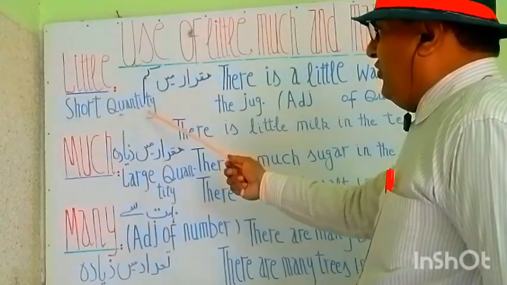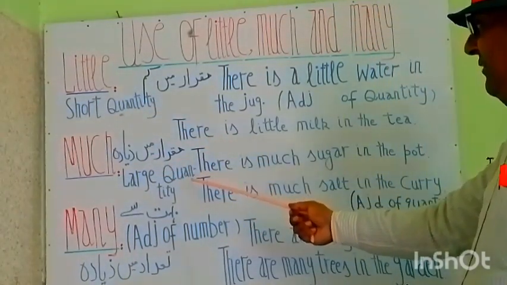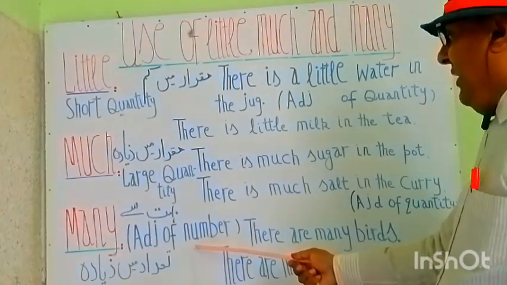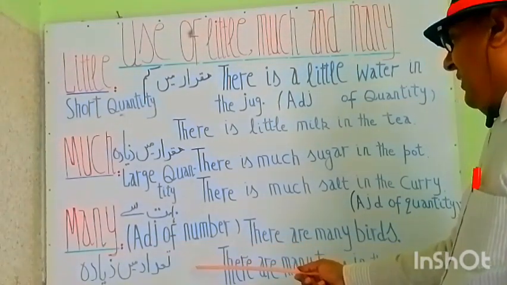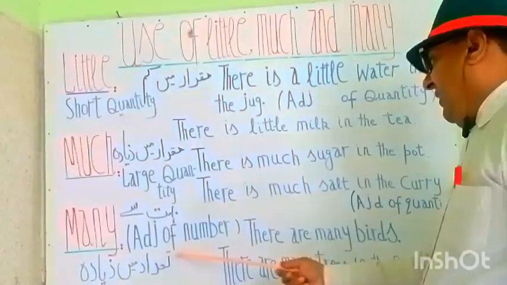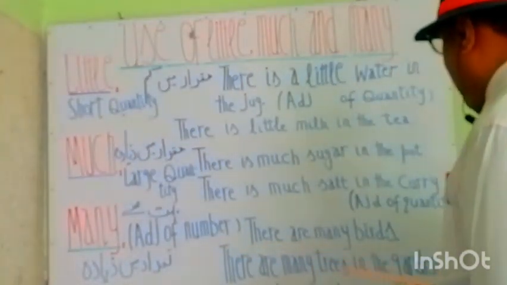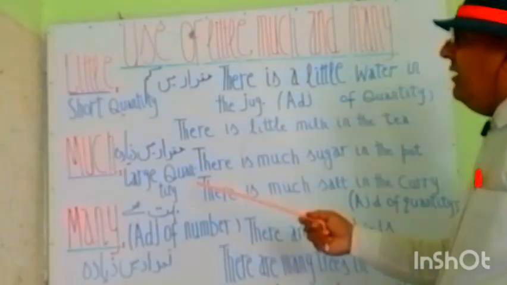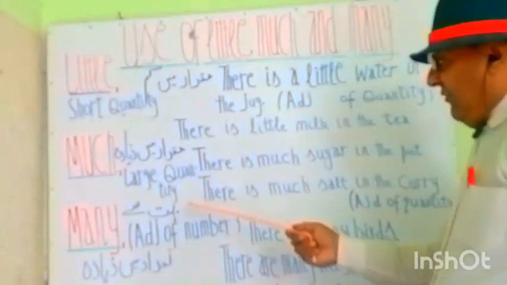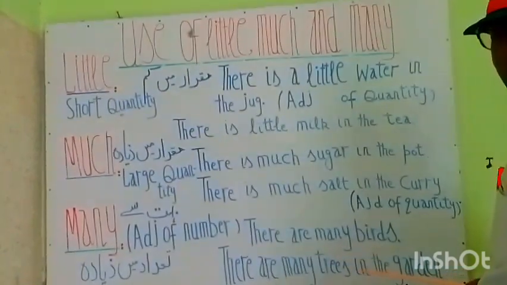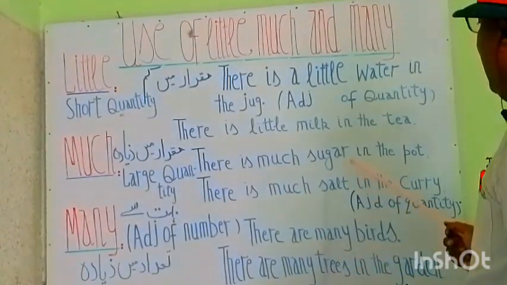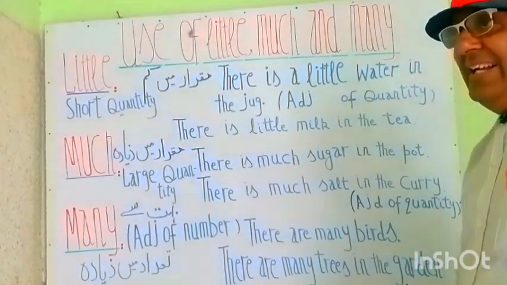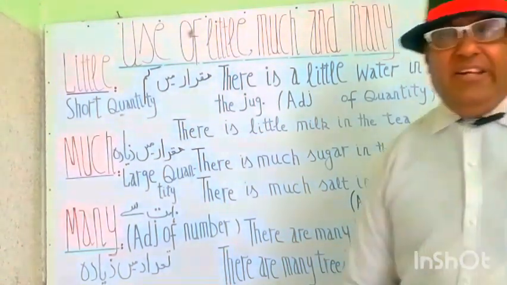A big number, you can say तादाद में ज़्यादा. So we have set the examples for these three adjectives, and we have made a practice with this. I hope you will memorize all these sentences and these adjectives.